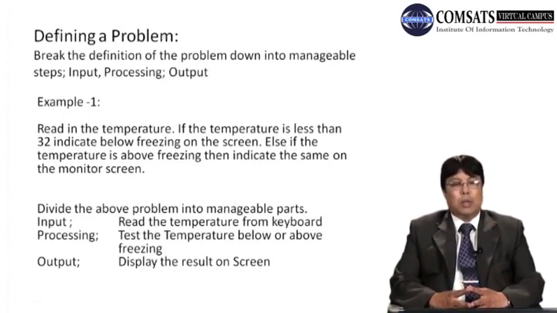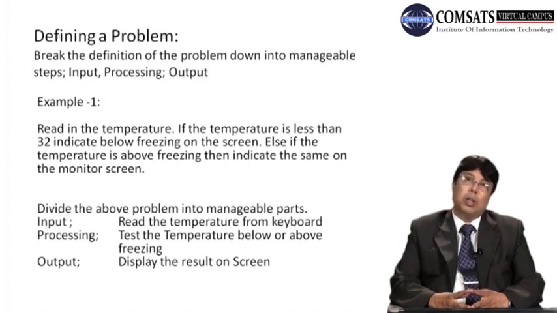Once again, coming back to our previous example, which I've described here. Read in the temperature. If the temperature is less than 32, indicate below freezing on the screen. Else, if the temperature is above freezing, then indicate the same on the monitor screen.